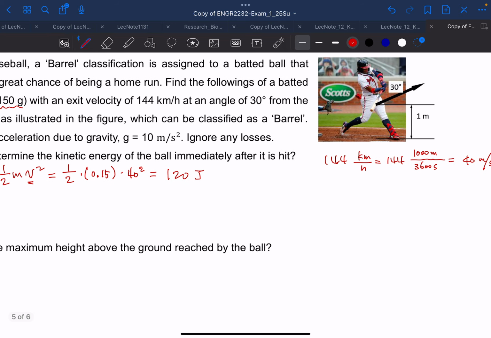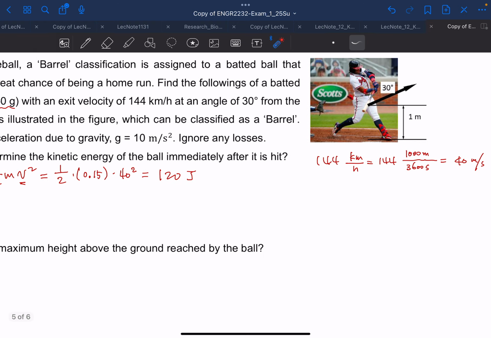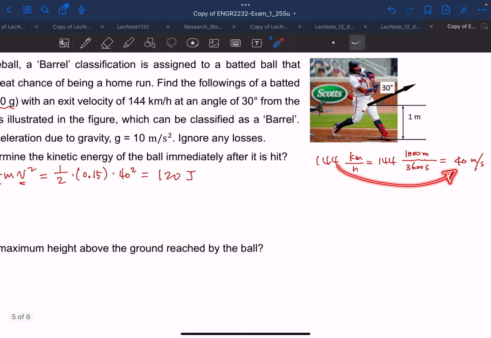So that's the kinetic energy right after it's hit. And here I remember some of you got this thing. One of the common mistakes was a conversion issue, or you got this value but you forgot to square it. Here you write it correctly but you just forgot to square it.